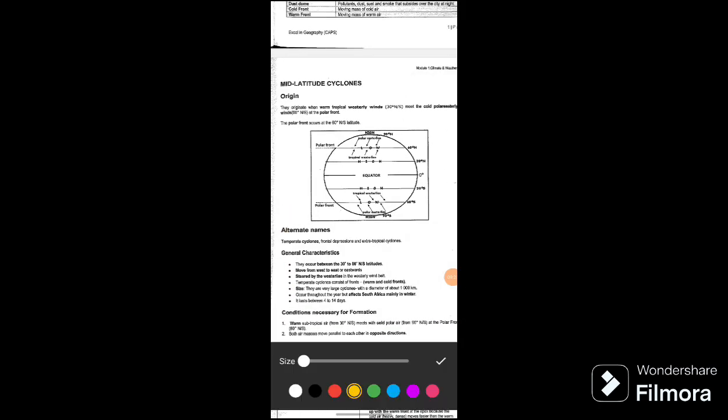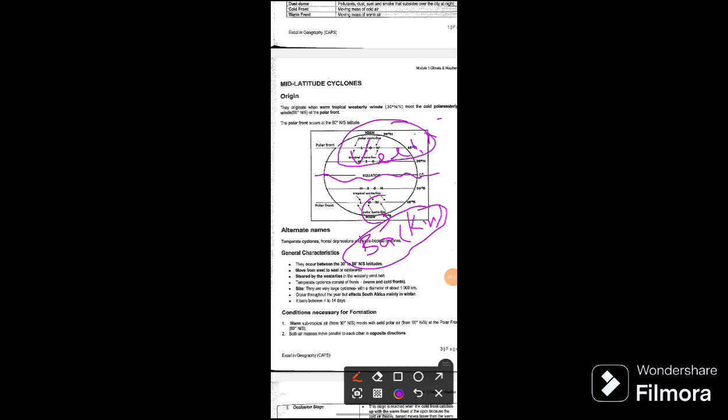The air backs, it is a backing of air, and veering of air in the north. So the air is backing in the southern hemisphere and air is veering in the northern hemisphere.